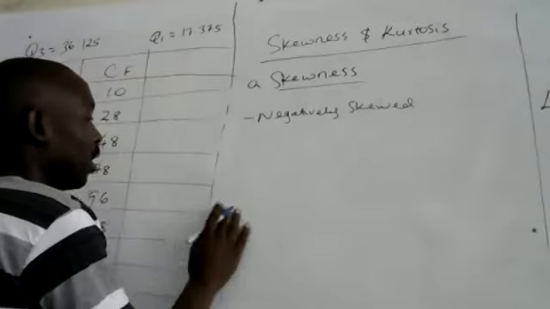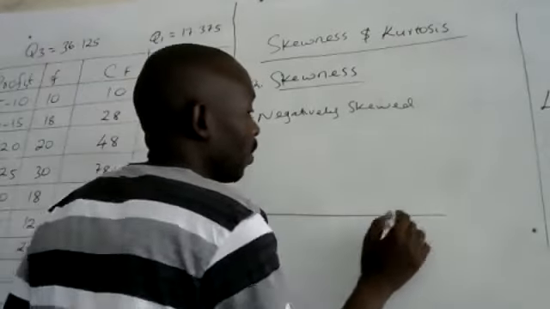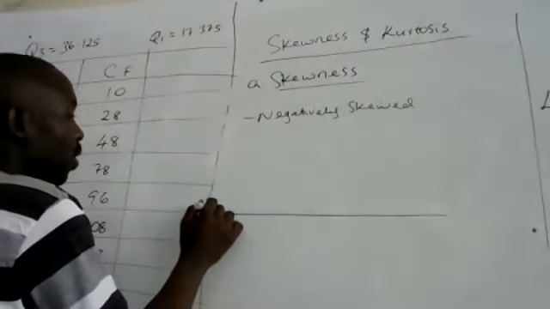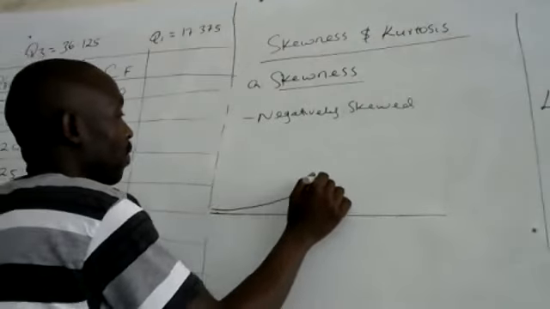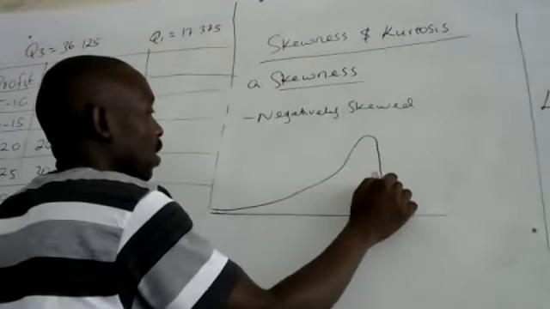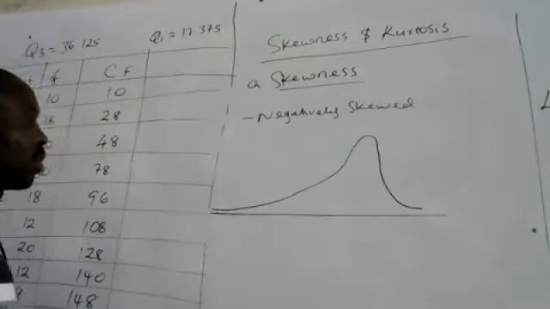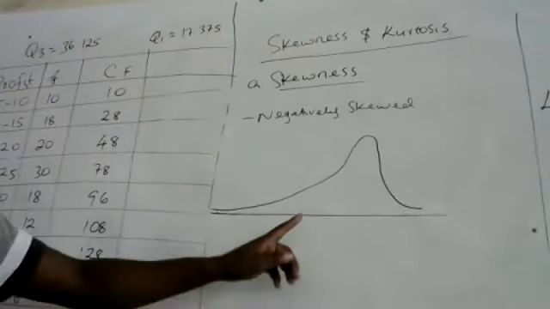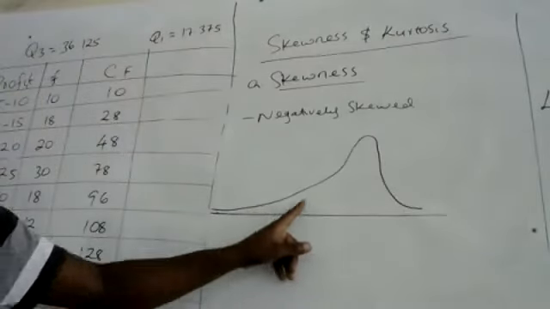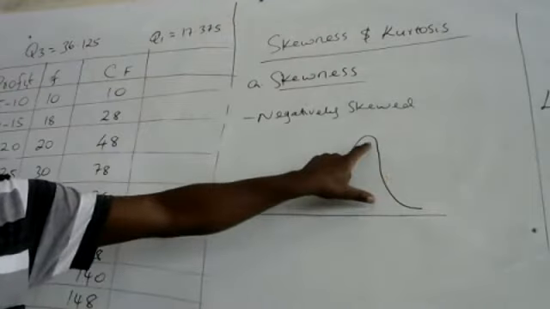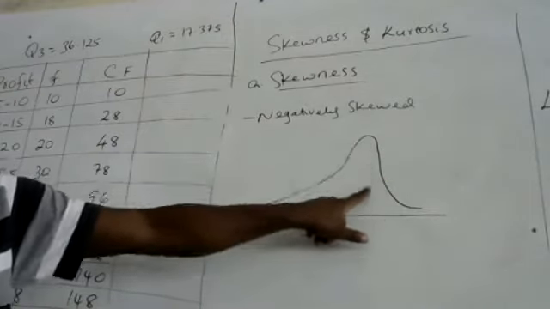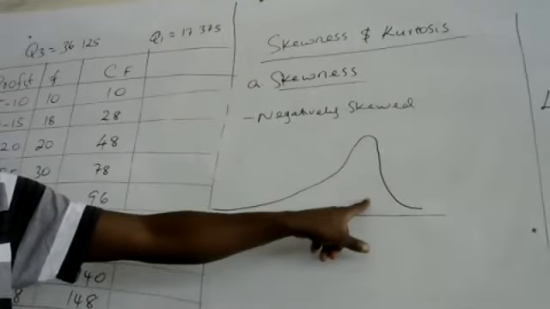And actually, an example is something like this, where you have data that is behaving like that. You see, this tail is very long, and then majority of the data they are towards the right. That is where we have a lot of data here.